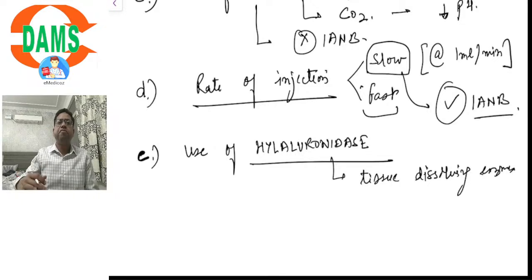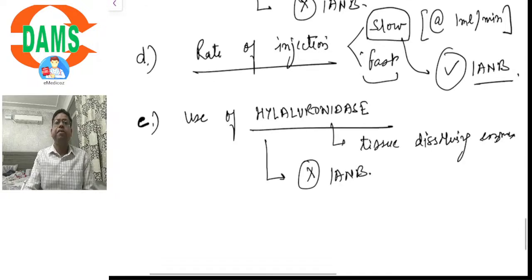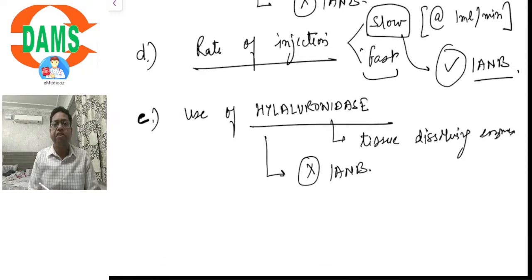The basic idea has been, if we inject hyaluronidase simultaneously with LA, what would happen? That would dissolve the intercellular substance and help in better penetration of LA into the tissues. But even though it dissolves the intercellular substance, the success rate of inferior alveolar nerve block is not affected by presence or absence of hyaluronidase in the solution.